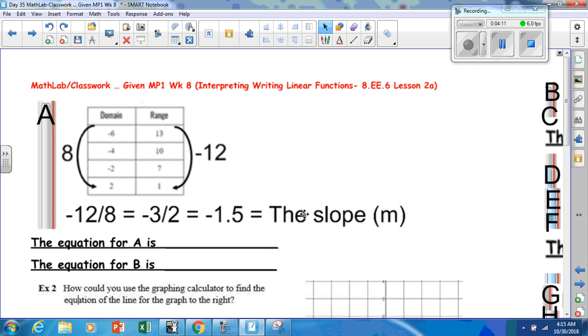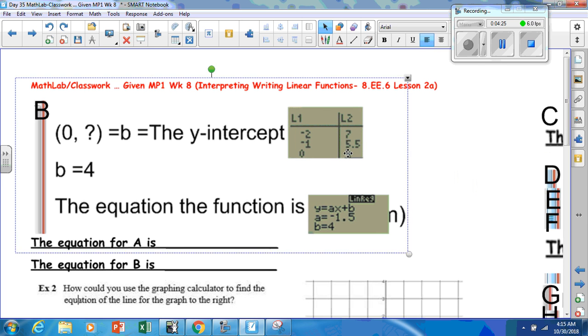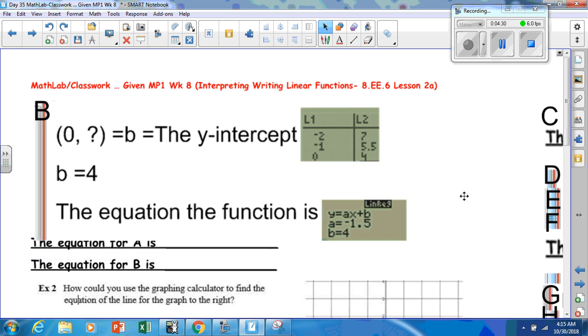We answer the y-intercept question by just thinking about this. If I know that my change is negative 1.5, that means as I go down by 1.5, go down by 1.5 again, I am going up by 1 for my x values.